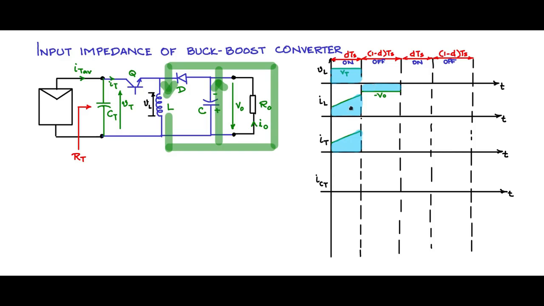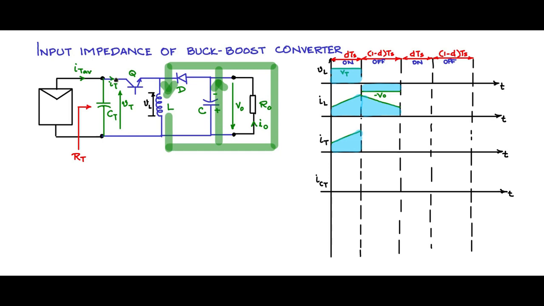So for the inductor current, during the on time, we saw that the inductor current was rising up, inductor was charging with a slope of Vt by L. It will now discharge with a slope of minus V0 by L. So it will discharge like this.